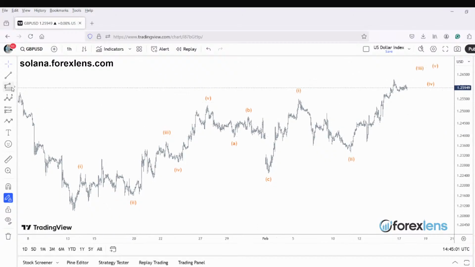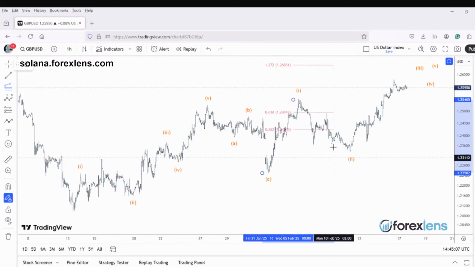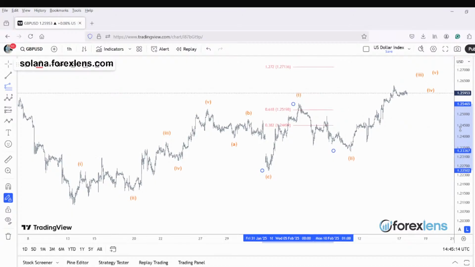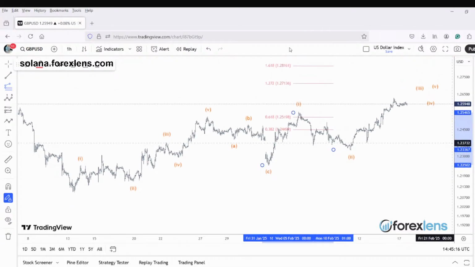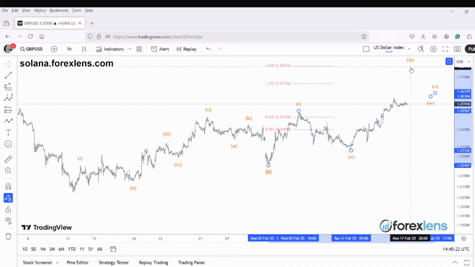And do the extensions of, I mean, if the third wave is extending, that's what it looks like. It's already showing a 1.27 and 1.28 for the third wave to complete. So that would be the first target. And then wave four, and then wave five higher.